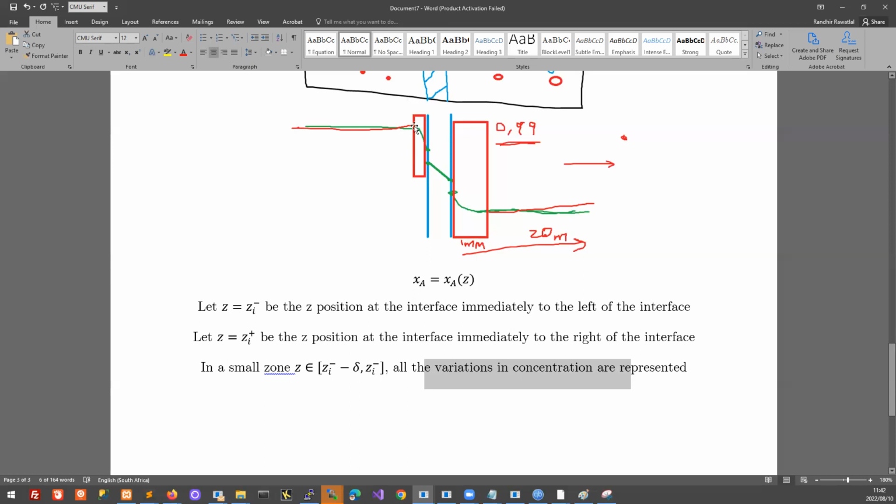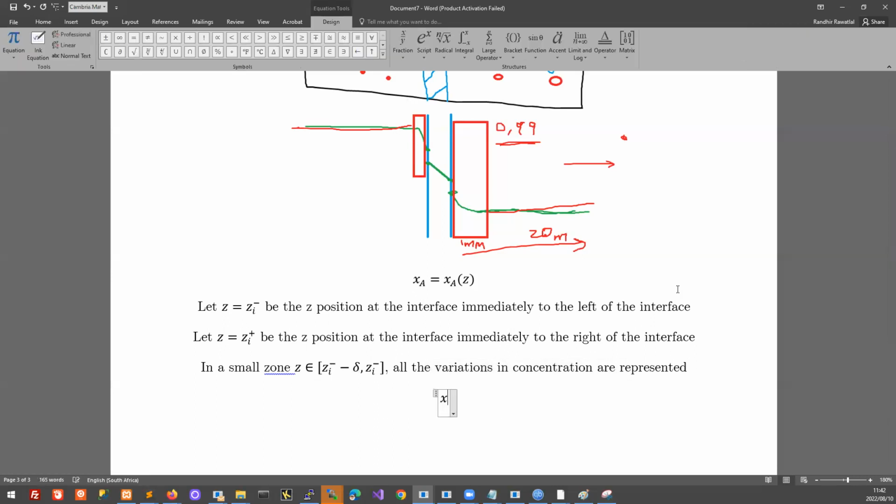And you can see on the left face here, the concentration or the mole fraction, let's write it here. So we can say XA at position Z equals, and the left face position is this one. At that position, our concentration will be 0.99 times the bulk concentration in the first cell.